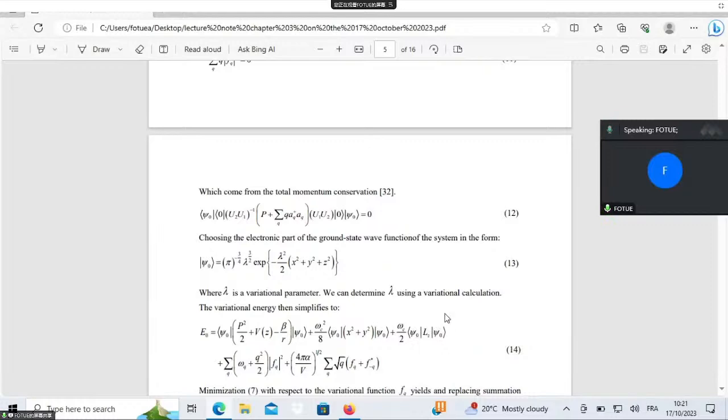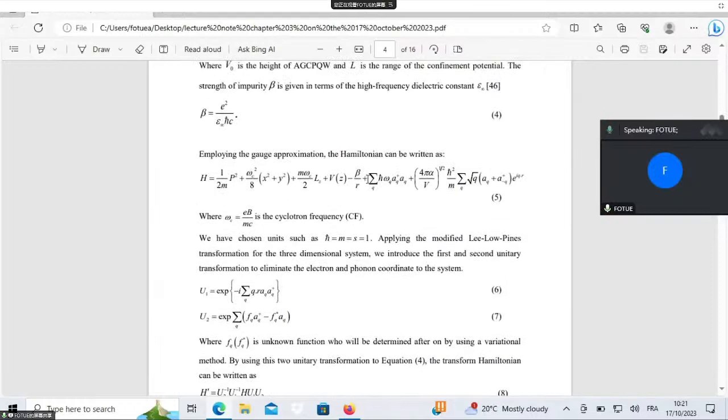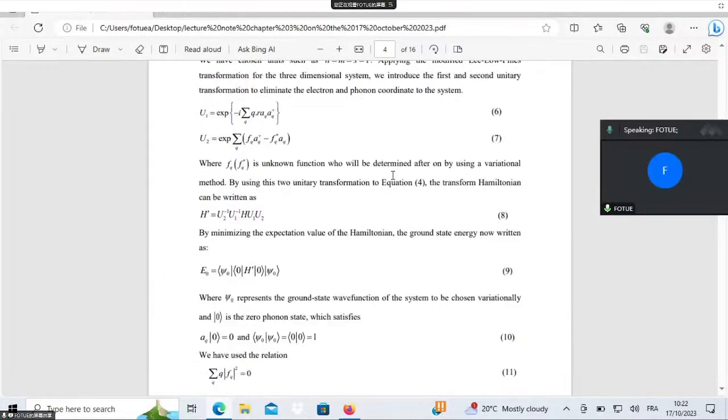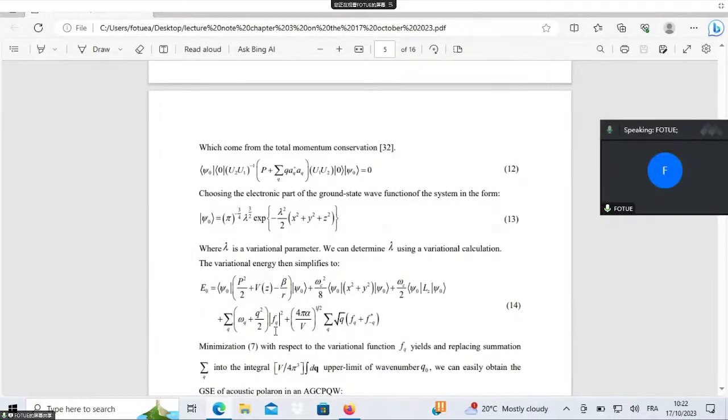The part of the phonon energy is drastically changed, and the part of the interaction is given by this term. We see from here that if we ignore this first term, this transformation no longer contains the electron coordinate, and as this variational ground state energy is a function of the variational functions f q and f star q.